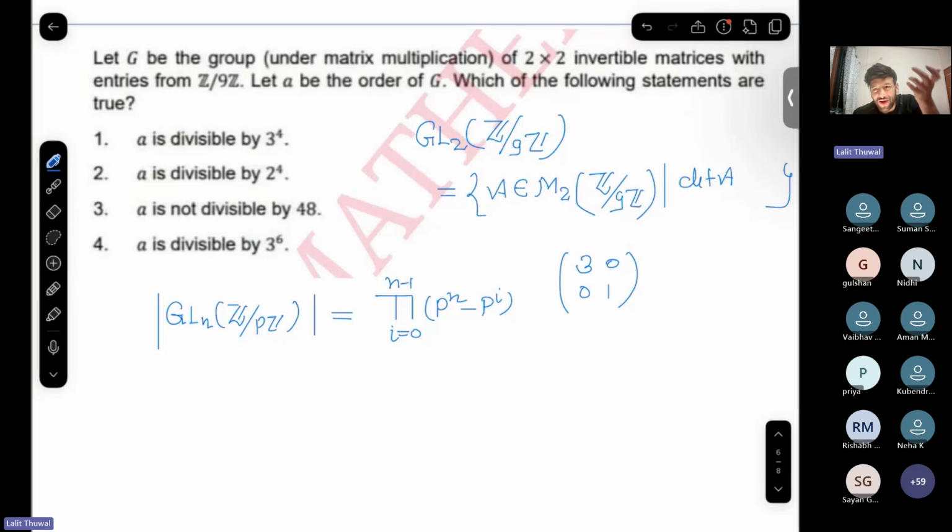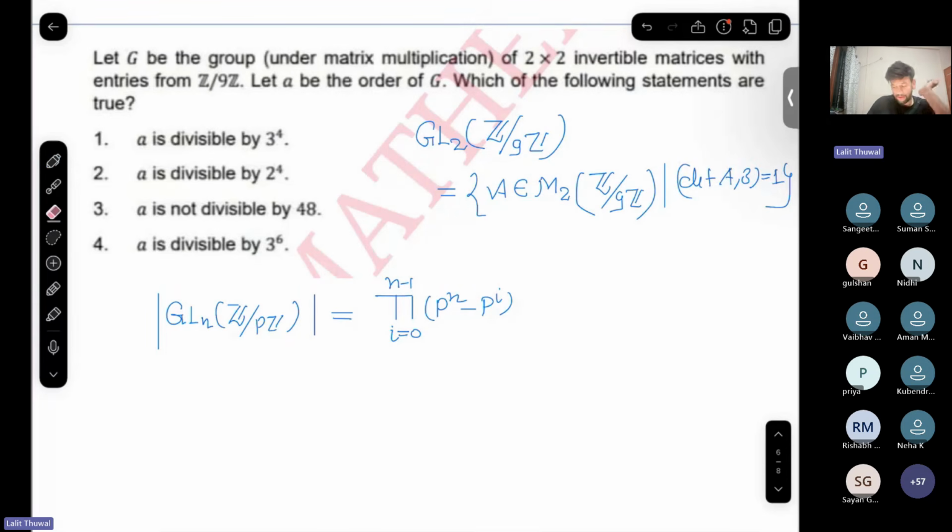What is the inverse of this? You might say the inverse of this is this, but 3 is not an invertible element in Z modulo 9Z. So the determinant has to be a unit. The answer is the determinant is coprime to 3, or you can say the determinant is a unit.